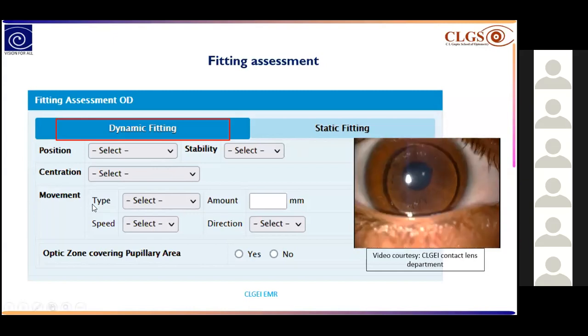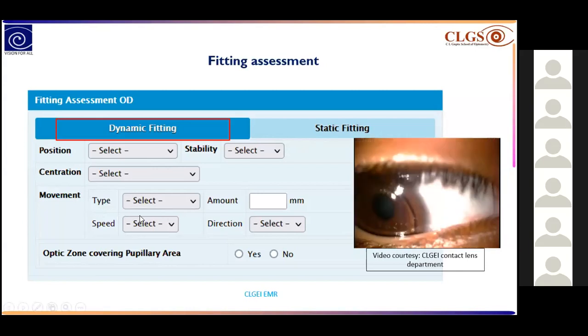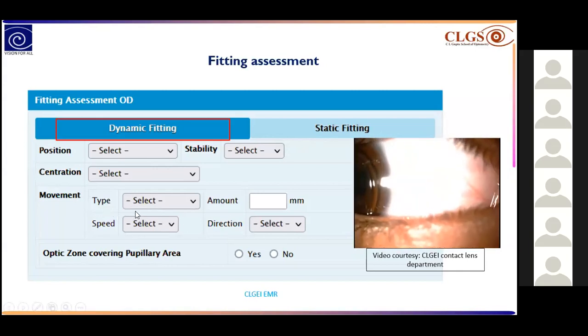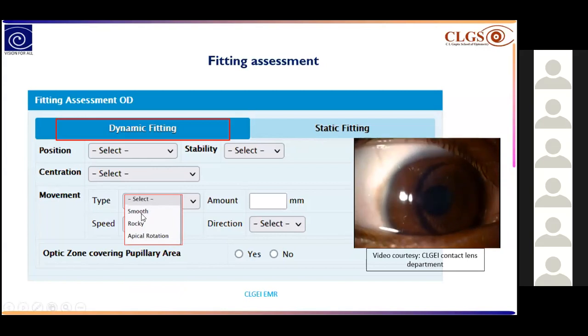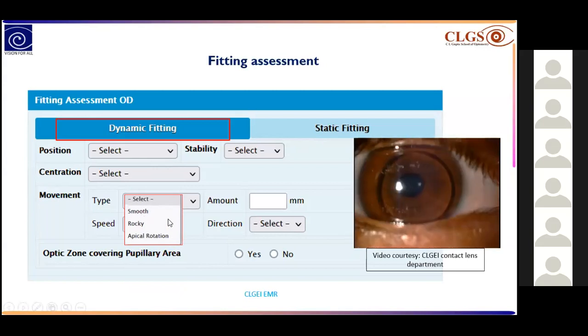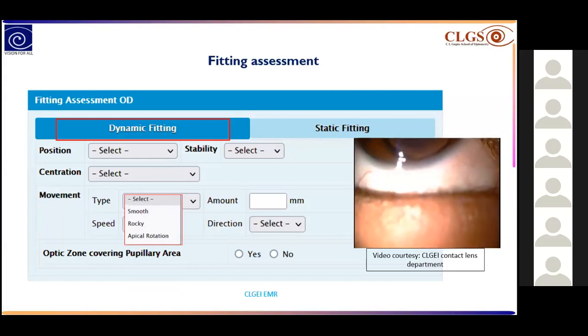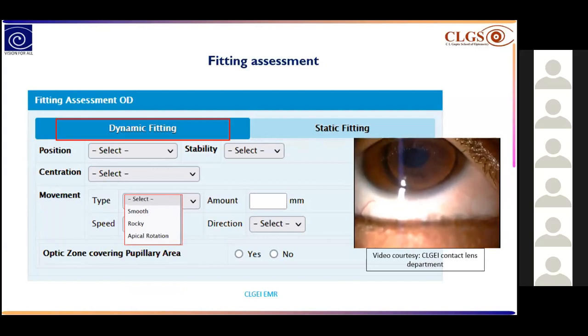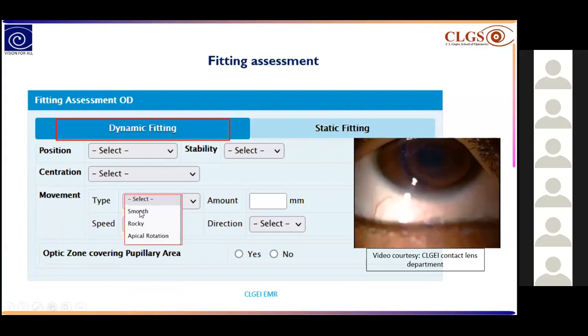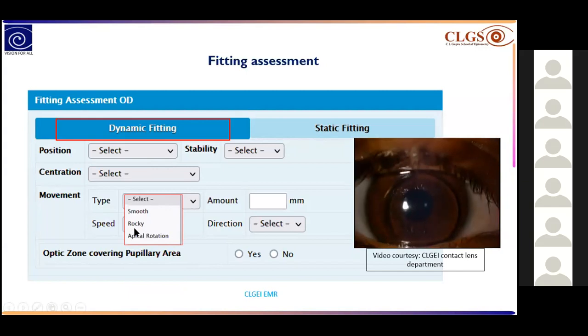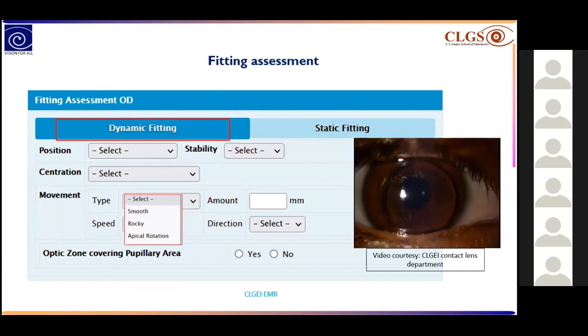Another is movement. In the movement we have to assess four things. First is type. The lens can show a smooth fit, rocky fit, or apical rotation. A smooth fit is considered an ideal fit, rocky movement is considered a steep fit, and apical rotation is considered a flatter fit.